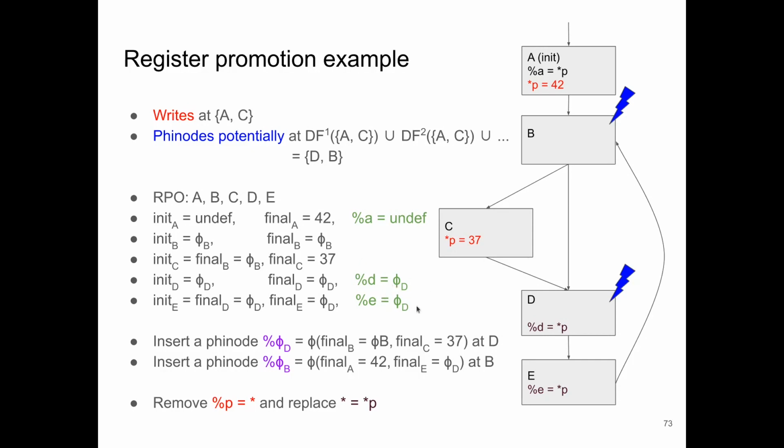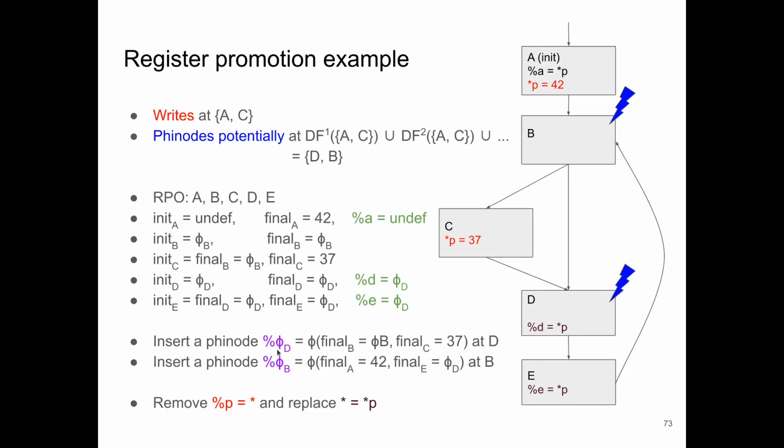So here, we need to insert the phi at D, because it is actually used in the load instruction. So we are going to insert the phi node at the block D.